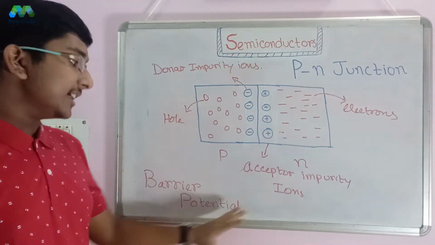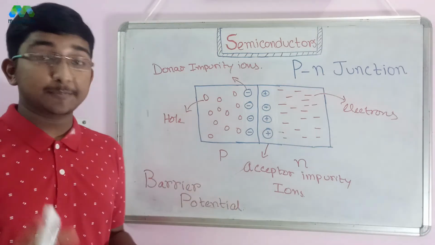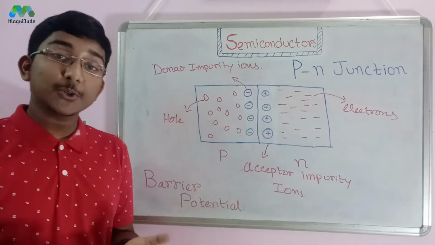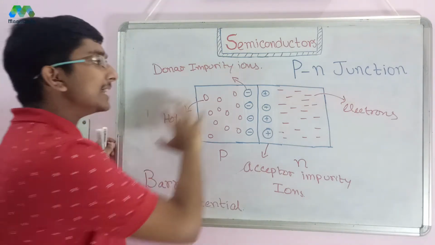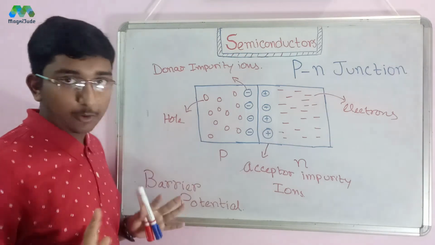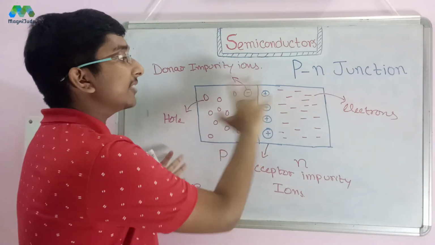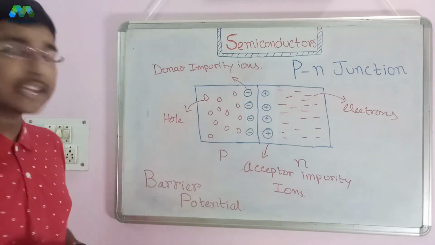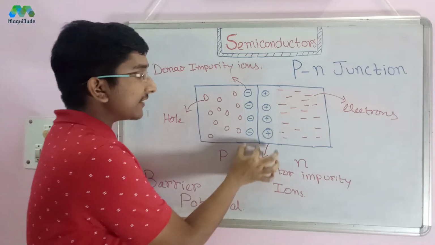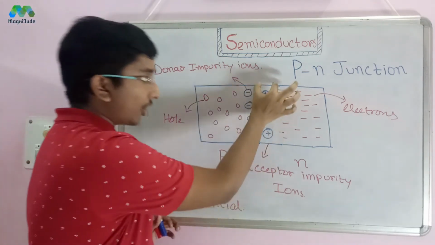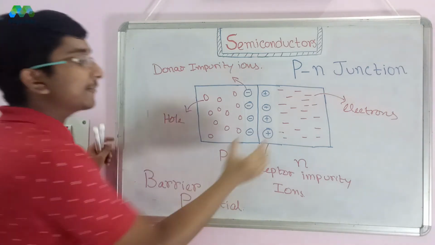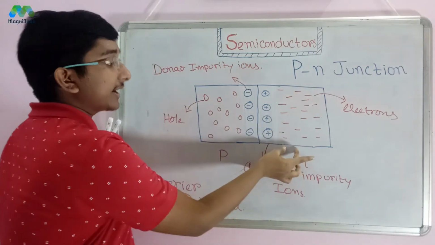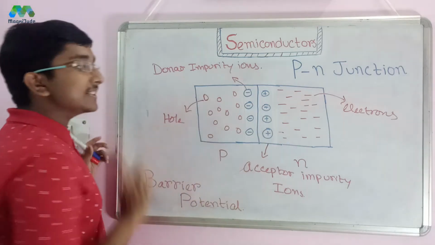This barrier potential is a very important concept, and the barrier potential is also known as barrier voltage. The PN junction is created till now. After the creation of the PN junction, the negative ions and the positive ions are created. So now the free electrons cannot travel to the P side.